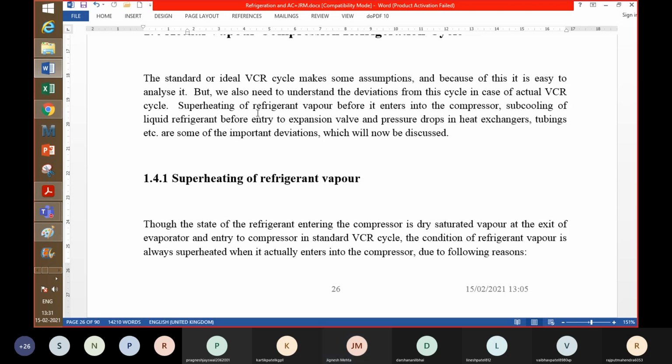Of course, this has not been done in practicals, but in actual systems, from the knowledge of engineering or fluid mechanics that you already have, you know that whenever a fluid passes through a finite passage with finite velocity, there is going to be a pressure drop in the heat exchanger. The condenser and evaporator are nothing but heat exchangers, right?